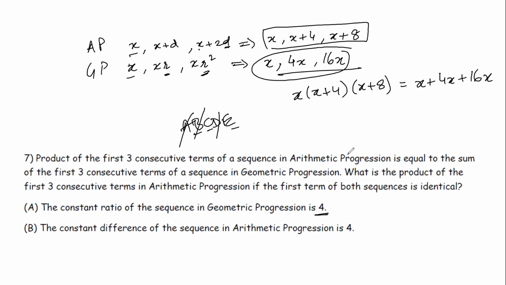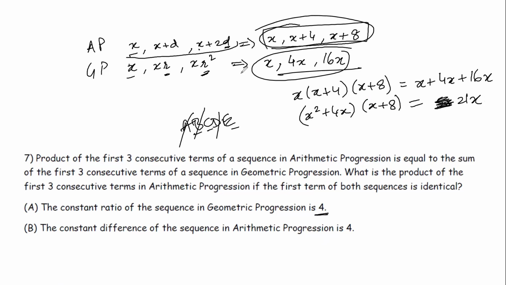And when we solve this, what we get is x square plus 4x into x plus 8 is equal to 5x plus 16x plus 20. 16x and 5x is 21x. So we get this and we can solve for x and we'll get the answer. Once we get x, then we can find out the product. We can multiply this whole thing and get the answer. Correct?